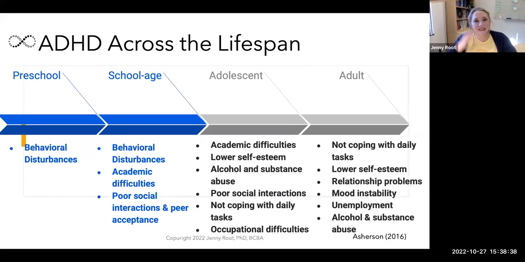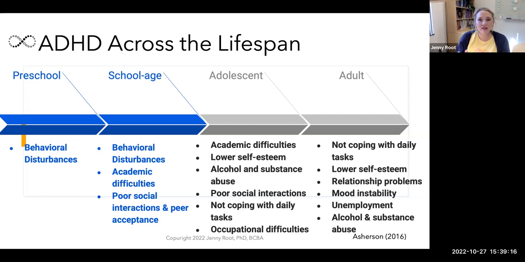In adolescent years, those academic difficulties compound. They then often may have lower self esteem because they've had a lot of really poor experiences, right? If you think about it similarly to students with learning disabilities, or maybe they've had a lot of interruptions with school because they have been suspended a lot or just truant. Often they're not going to be able to cope with daily tasks, and it might lead to some occupational difficulties because of their difficulty sustaining attention to task, for example.